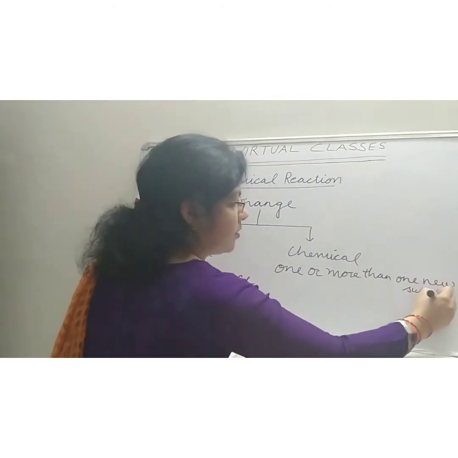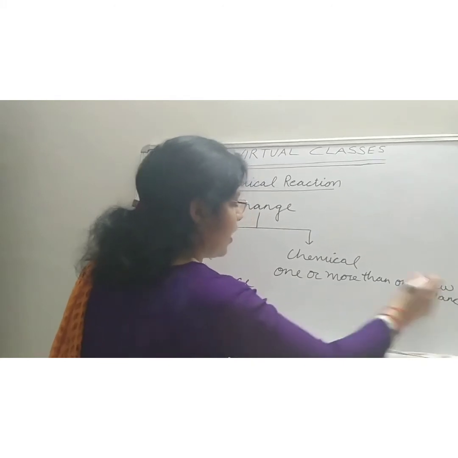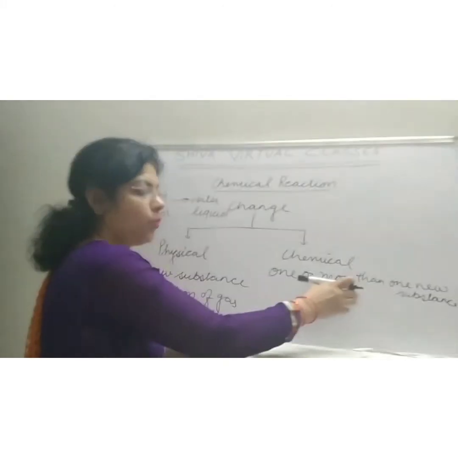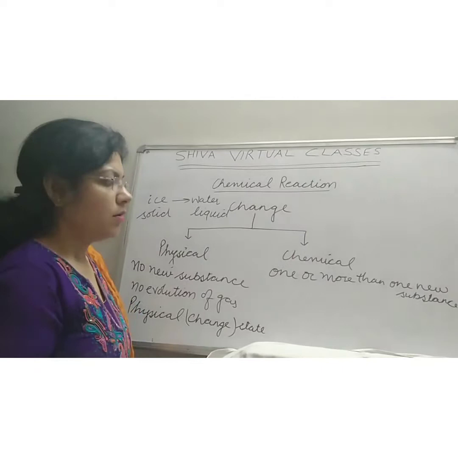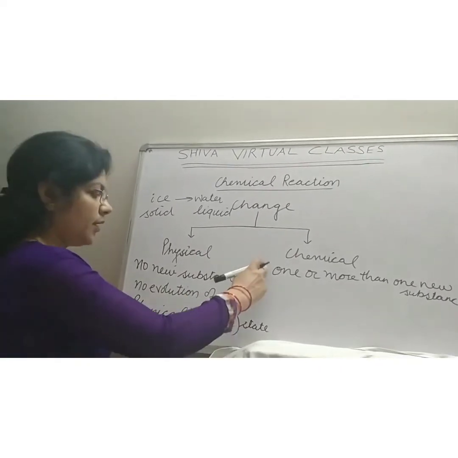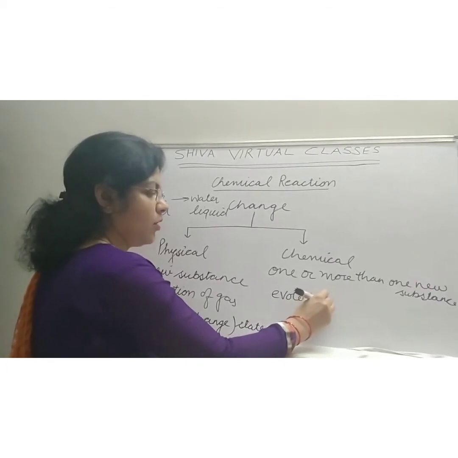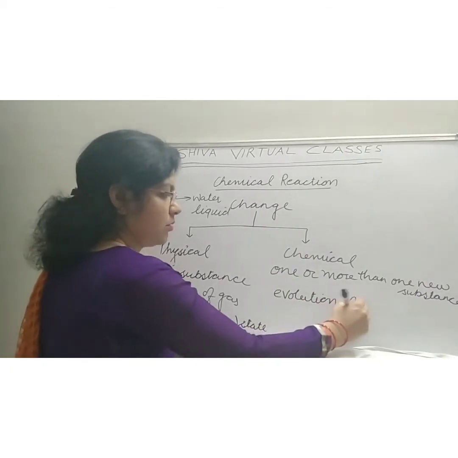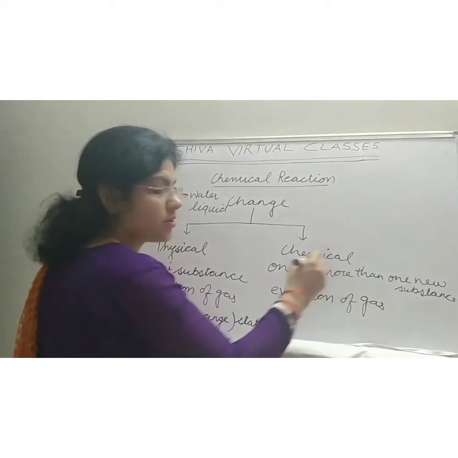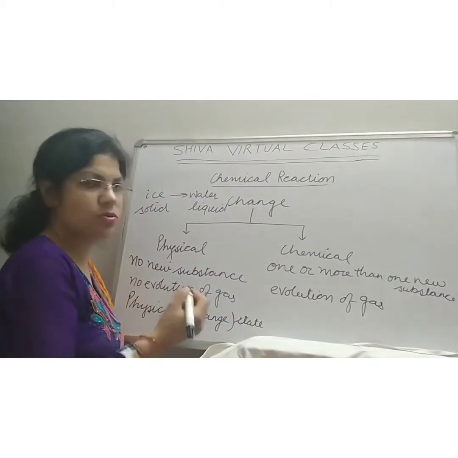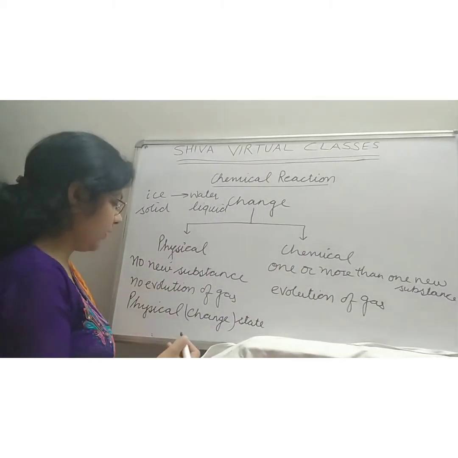In the chemical change, either one substance or more than one substance is formed. In chemical change, evolution of gases will take place or heat may change. Evolution of gases means simple gases such as carbon dioxide or hydrogen or nitrogen will be released.